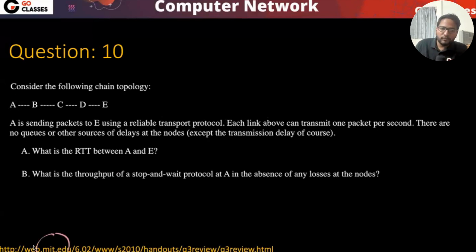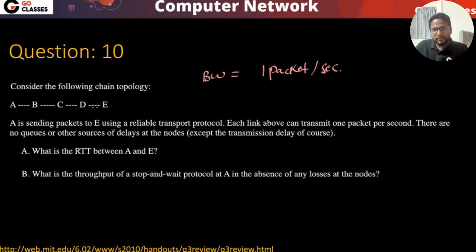This question is from MIT. For each link, it is one packet per second. There are no queues or other sources of delay at the nodes except the transmission delay, of course. That is the only delay that you have. Otherwise, there is no delay.